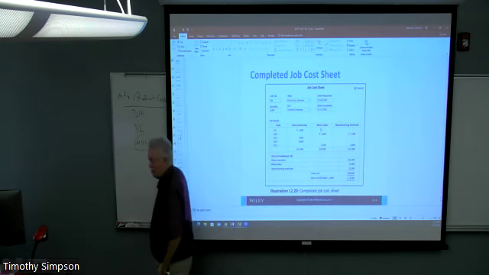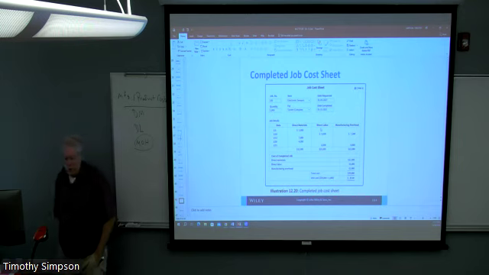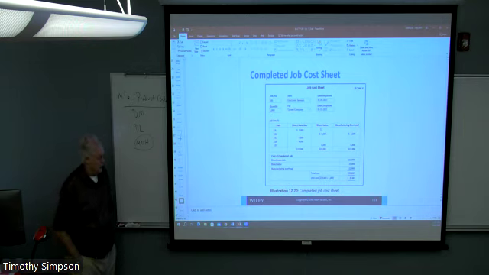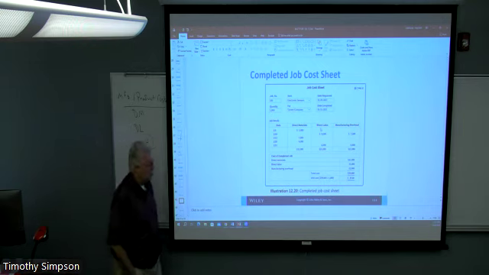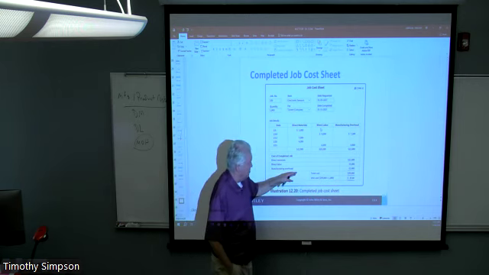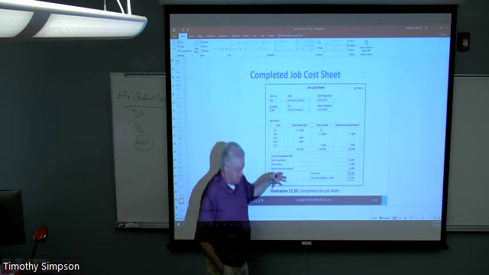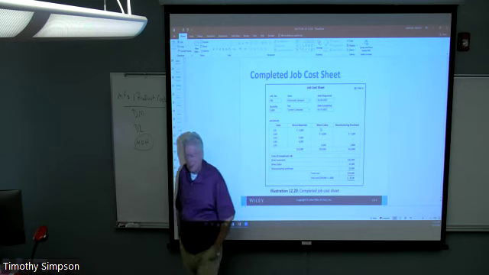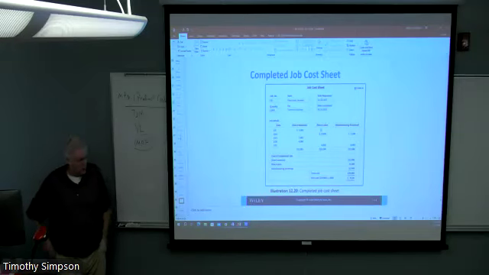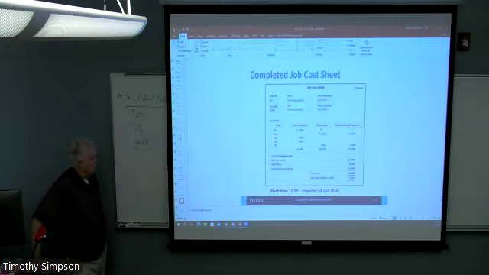And this really gets us to the heart of why we would use this particular system, why we wouldn't just dump all the costs into one big bucket and divide it by the number of units per month and then go from there. We would do that in process costing, but when it comes to job costing, it's more necessary for us to capture individual costs per job so that we can know whether that job is making sense or not from a cost and revenue standpoint, okay?